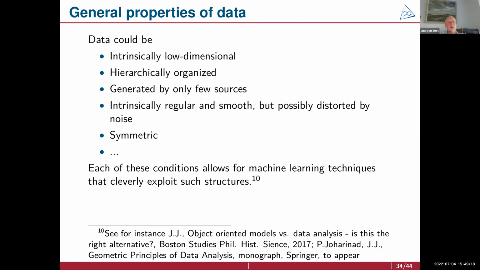Now, some data do have some of these features, but others don't. You don't know in advance. And so therefore, you need to perhaps have some good guess of what structure could be in the data, and then you apply some appropriate machine learning technique that cleverly exploits such structures.